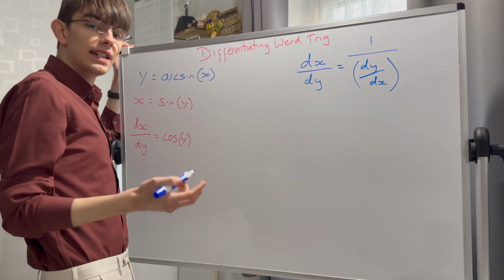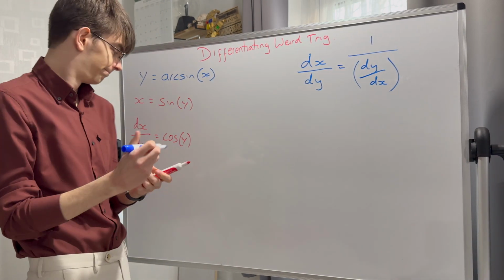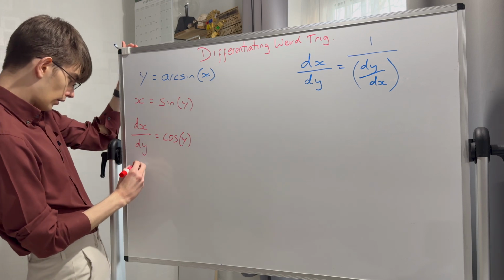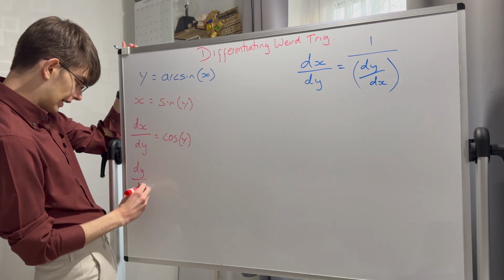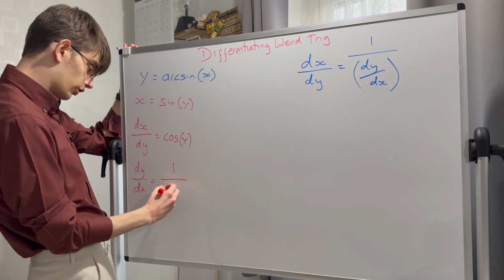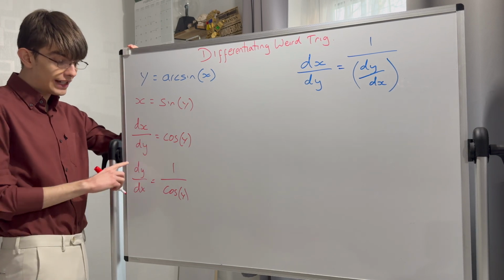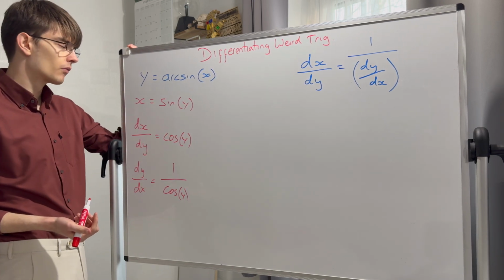So dy by dx is just 1 divided by dx by dy. Meaning, dy by dx here is equal to 1 divided by this. So 1 divided by cos of y. So I've now got a dy by dx.